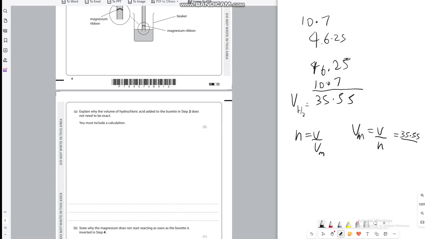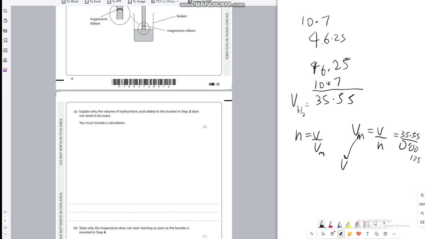The number of moles of magnesium was 0.00125, I guess. Yes, 0.00125.